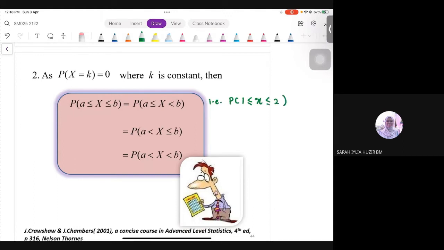But since this is continuous random variable, the probability would be the same if from 1 up to 2, but 2 is excluded. Or the other way around, from 1 up to 2, but 1 is excluded. Or between 1 up to 2, means both are excluded. All would be the same. Semua tu akan membawa probability yang sama because we finding the area. Kita integrate kawasan tu, so kita akan dapat probability yang sama.